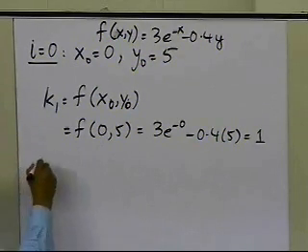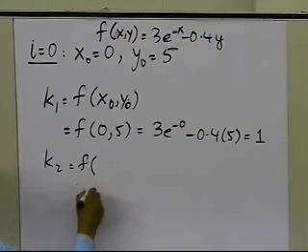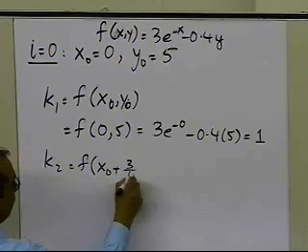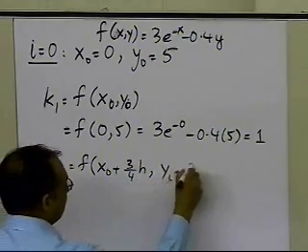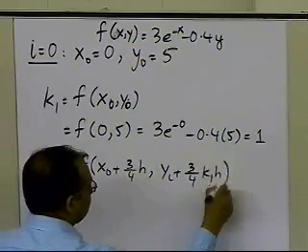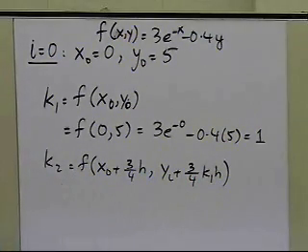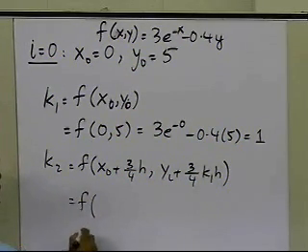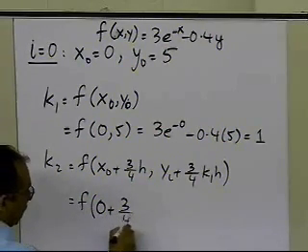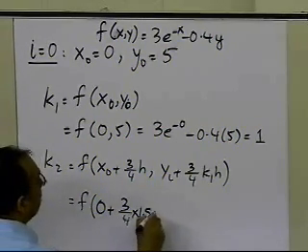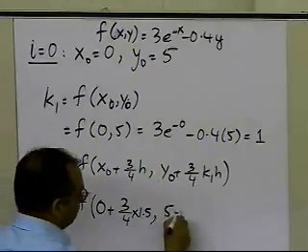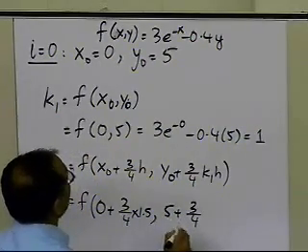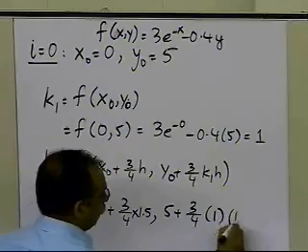Now let's calculate k2. In order to calculate k2, I have to calculate the value of the function 3/4 of the way from where I am. So x_i plus 3/4 h, and y_i plus 3/4 k1 times h. That's the corresponding value of x and y which I have to find. x0 is 0, h is 1.5, y0 is 5 plus 3/4 times k1, which I just found is 1, times h, which is 1.5.